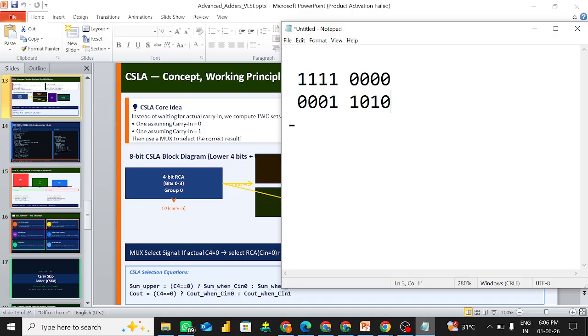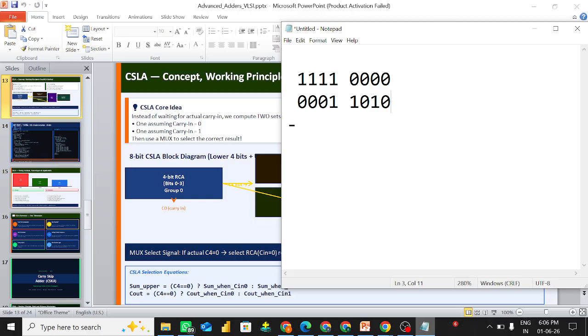What is the use of the split? The use of the split is you're splitting these 8 bits into 4 upper bits and 4 lower bits, right? If you need carry in, what should be the first block calculated? The first block calculated should be the lower bits, right?